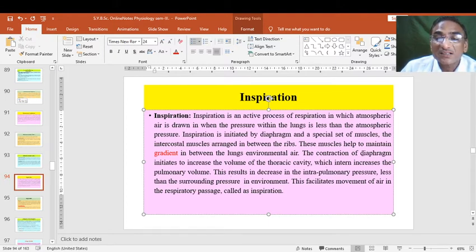The contraction of the diaphragm initiates an increase in the volume of the thoracic cavity, which in turn increases the pulmonary volume, and this results in a decrease in the intrapulmonary pressure, lower than the surrounding pressure in the environment, and this facilitates movement of air in the respiratory passage, and so it is called inspiration.